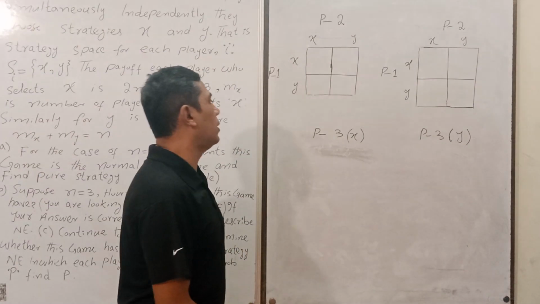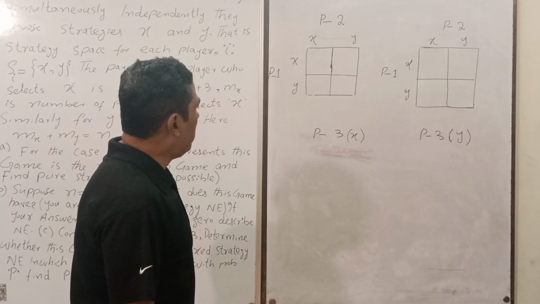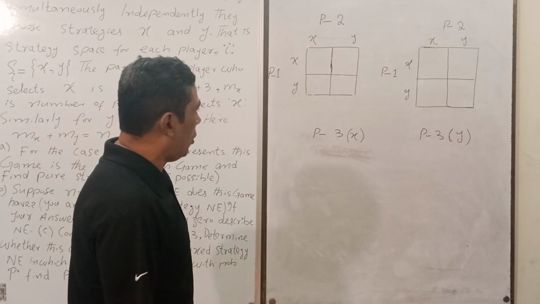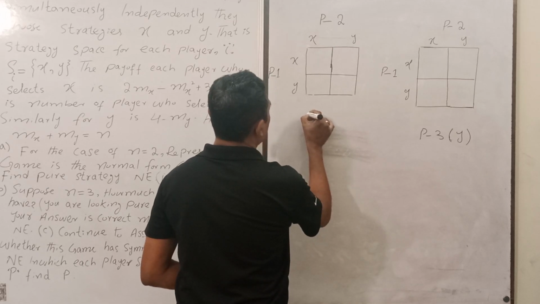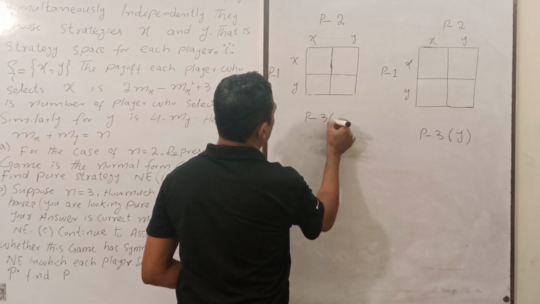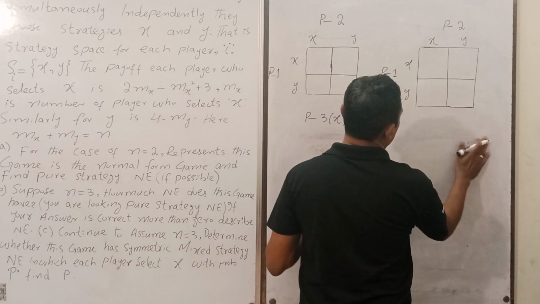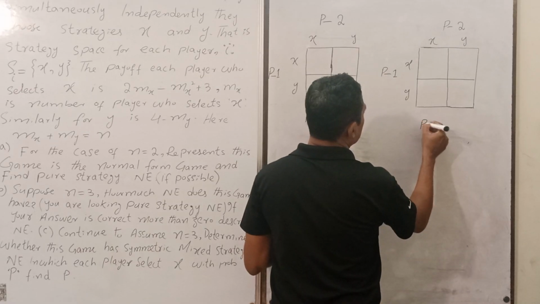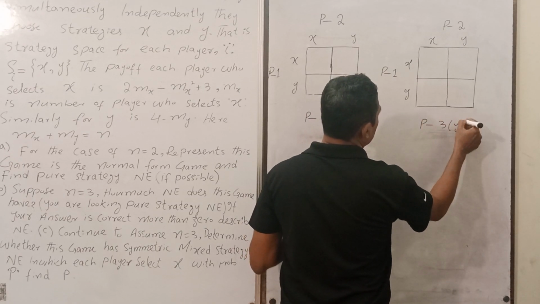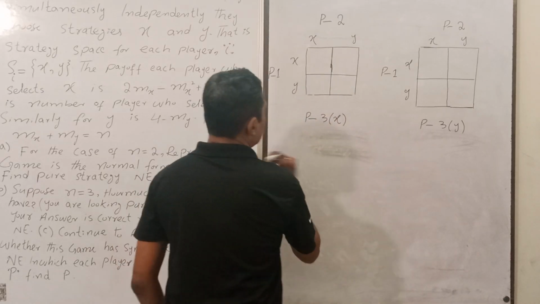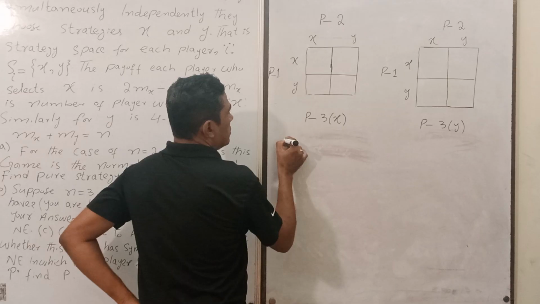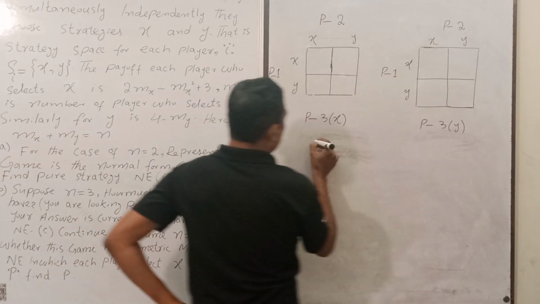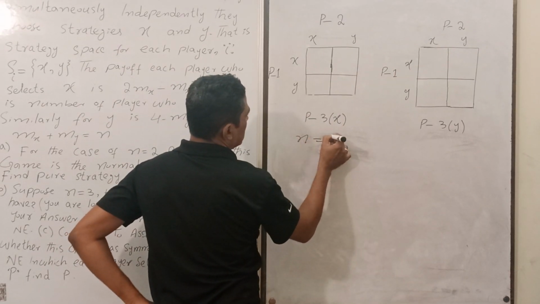So now moving forward. Just write down the payoff. Remember, n is 3.